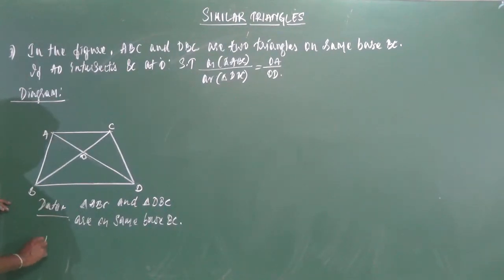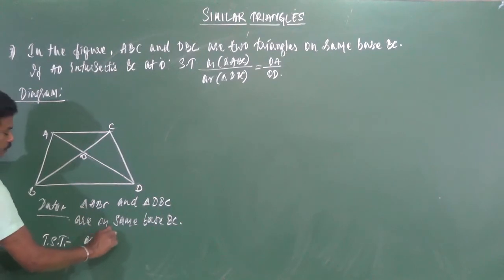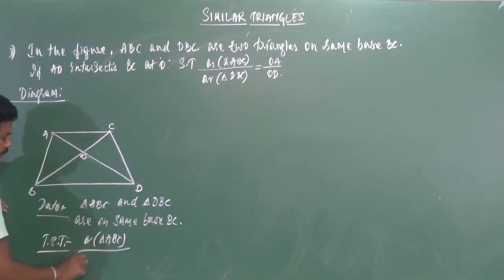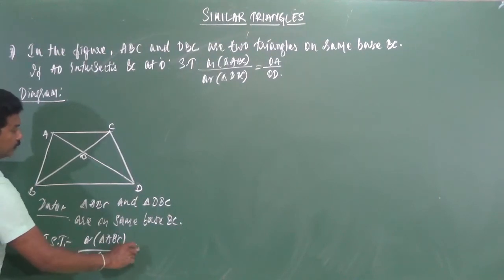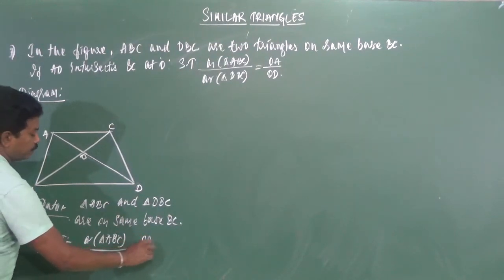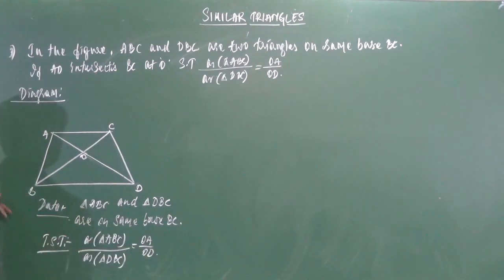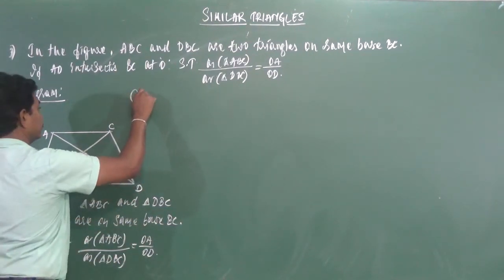To show that area of triangle ABC by area of triangle DBC is equal to OA by OD, we need a little bit of construction, because the given data is not sufficient to prove this. So let us go with the small construction.